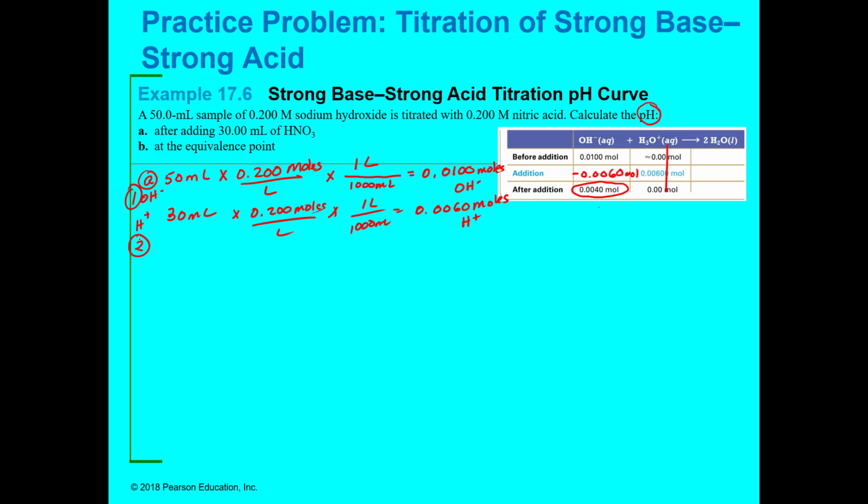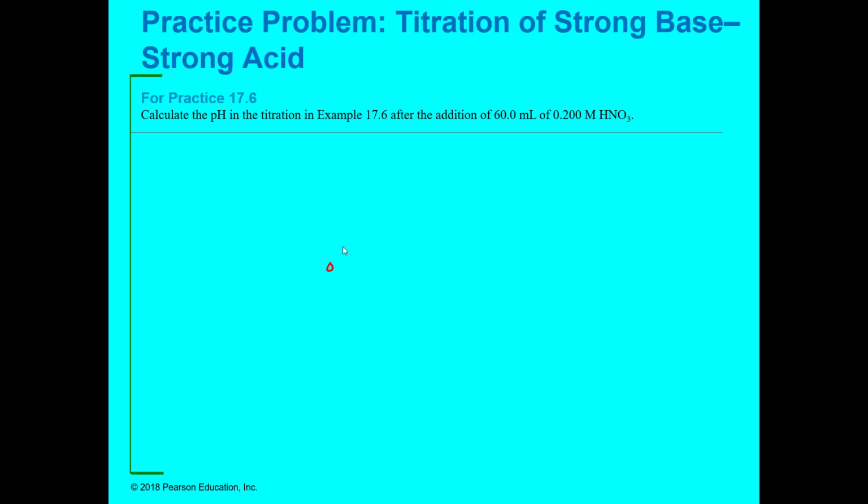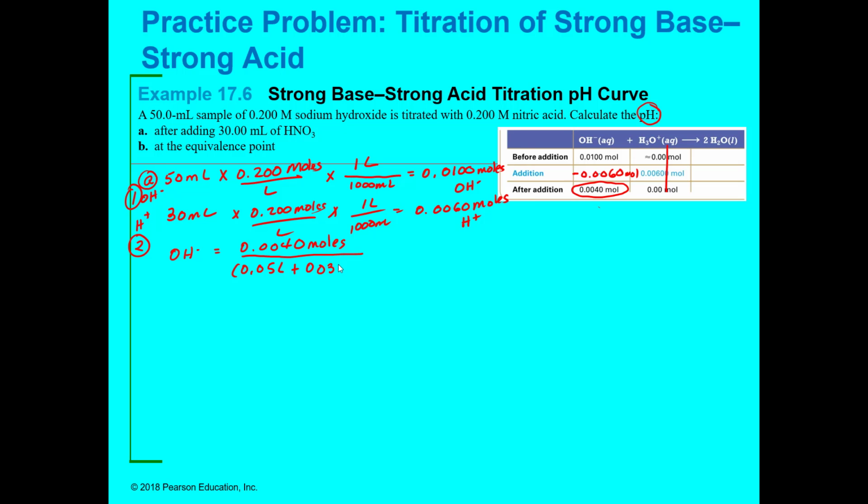So for hydroxide, I've got the OH minus equals the 0.0040 moles, divided by 0.05 liters plus 0.03 liters, because I had 50 milliliters and 30 milliliters for my volume.